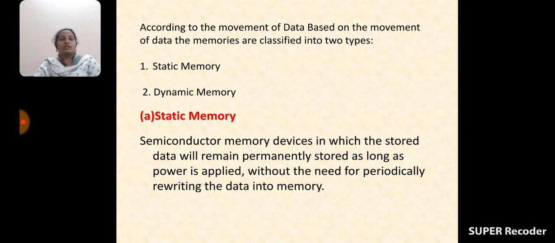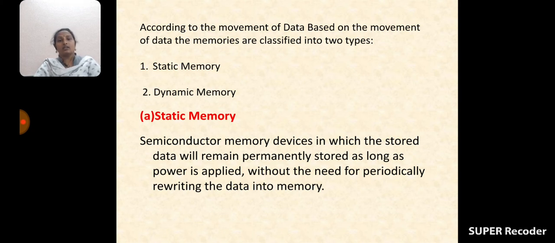In static memory, the data remains permanently even though the power supply is switched off. Static memory is a semiconductor memory in which the stored data will remain as long as the power supply is applied, without the need for periodically rewriting the data into the memory.